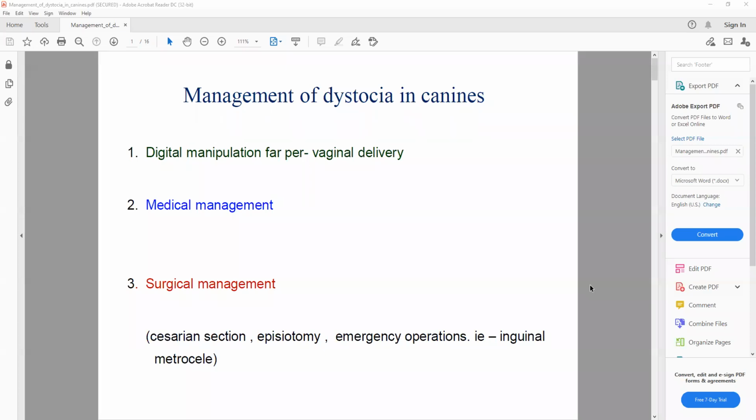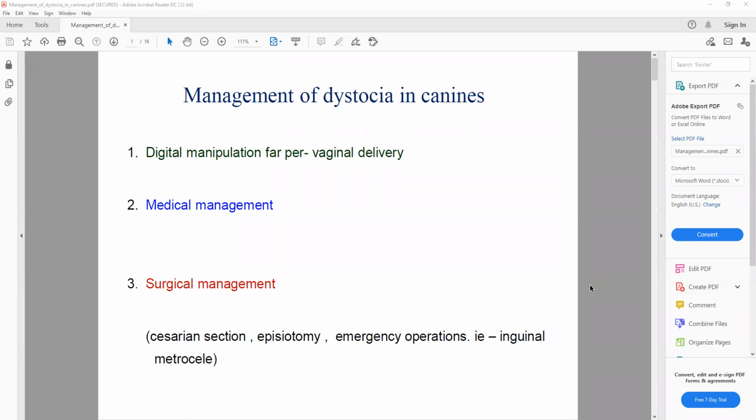Now we will deal with the topic, that is management of dystocia in canines. Of course, it is not separately given in your curriculum, but because in Patna, that too in our college, we are getting lots and lots of dystocia cases in bitches, we have to be in a position to understand that separately.